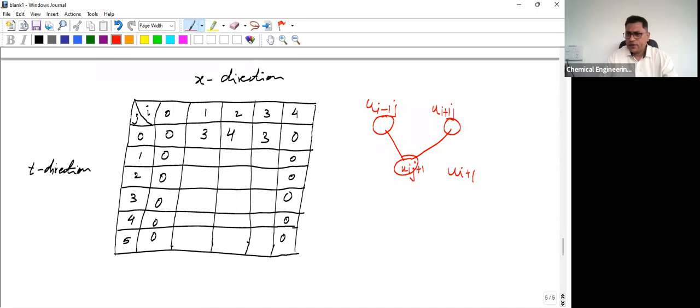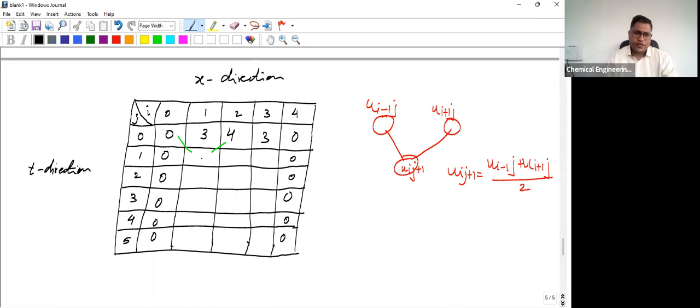So u i j plus 1 is equal to u i minus 1 j plus u i plus 1 j by 2. So actually, this value is the average of these two. Now think of this value. This value will be the average of these two values.